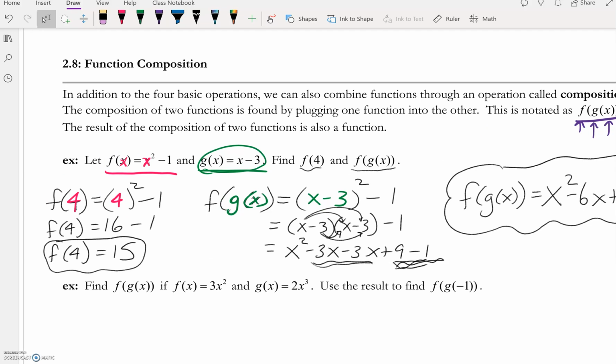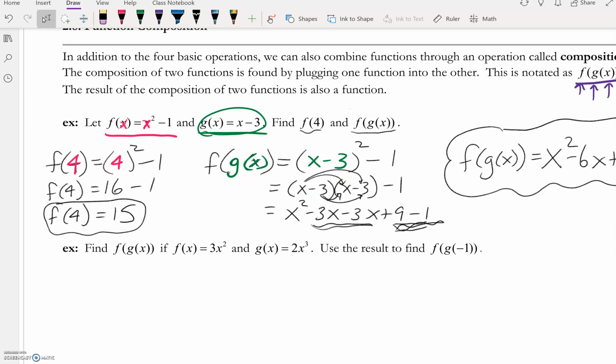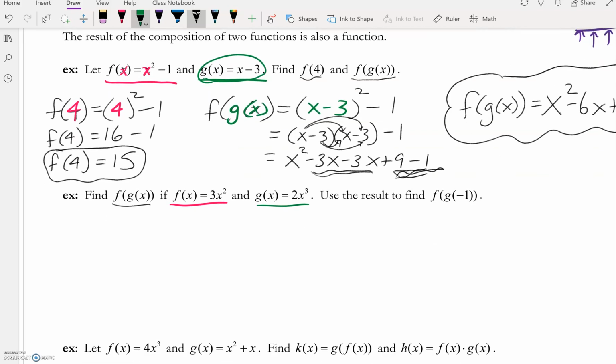Let's look at another example and see if we can now use it to do something. The first thing says find f of g of x. We're given 2 new functions here, f of x and g of x. Then we're going to use that result to find f of g of negative 1. I'm going to start by writing down what I'm looking for, f of g of x.